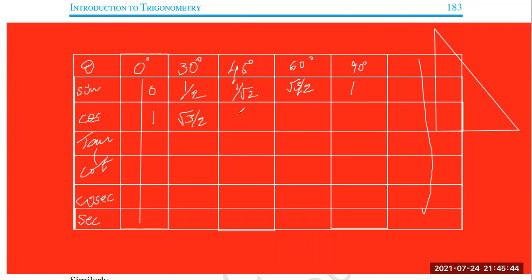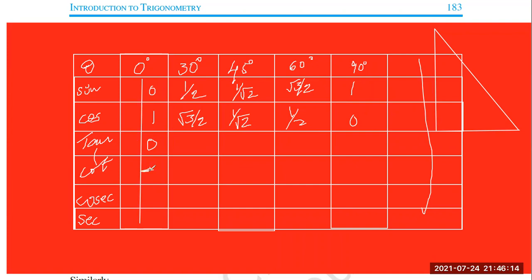When you solve this, you will get cos 45 is same 1 by root 2, then cos 60 is 1 upon 2, cos 90 degrees you will get here 0. Okay, now tan 0 is 0 upon 1 is 0, cot 0 is 1 upon 0, cos upon sine, which is not defined.